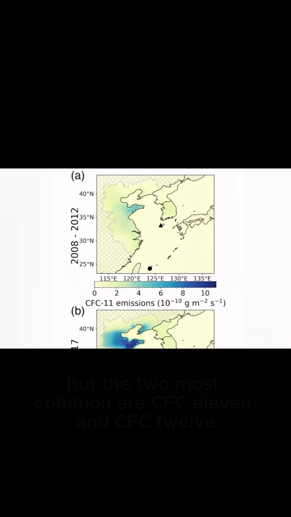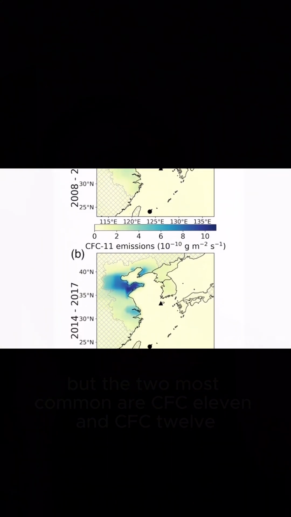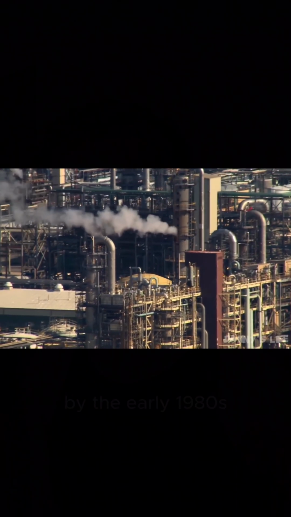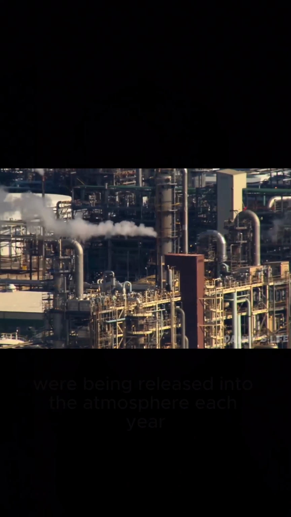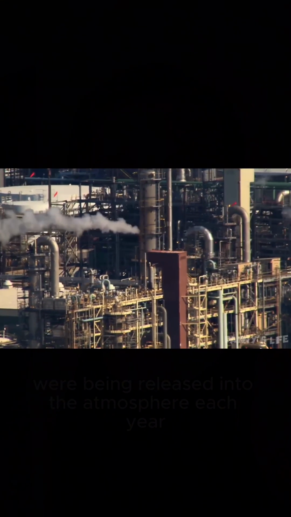There are many types of CFCs, but the 2 most common are CFC-11 and CFC-12. In the 1930s, the production and consumption of CFCs began to skyrocket. By the early 1980s, over 300 million pounds of CFC-11 alone were being released into the atmosphere each year.